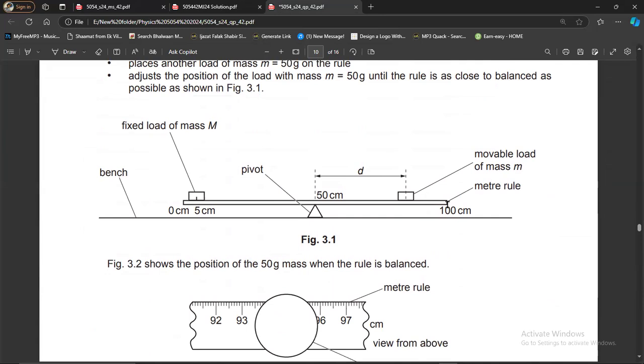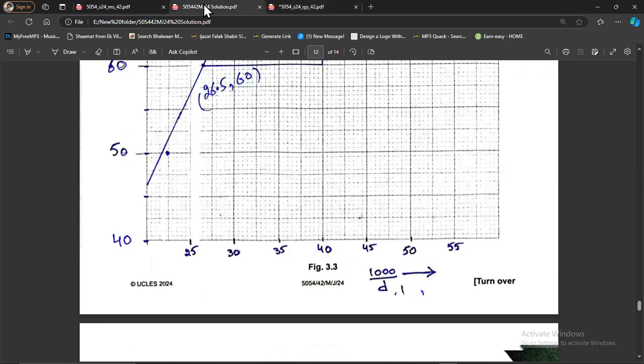And obviously, if this D value is more than 50 centimeter, then you will be no more on that scale. If the mass of this block here is less than 40 gram, to balance this whole thing, this D has to be more than 50 centimeter, and you will be off this scale.